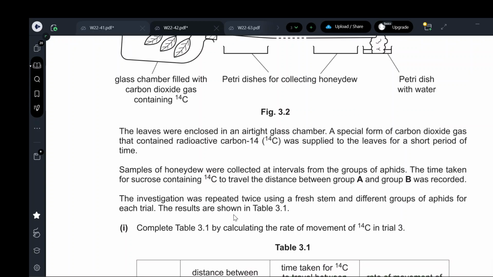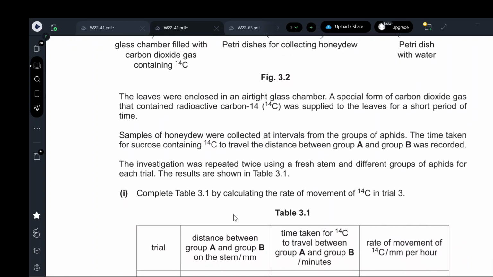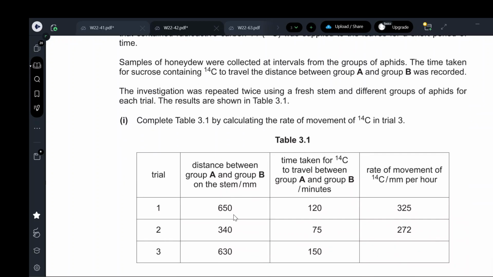The investigation was repeated twice using fresh stem and different groups of aphids for each trial. Right, this is the distance and this is the time taken for the carbon 14 to travel between A and B. And this is the rate of movement per hour. Okay?